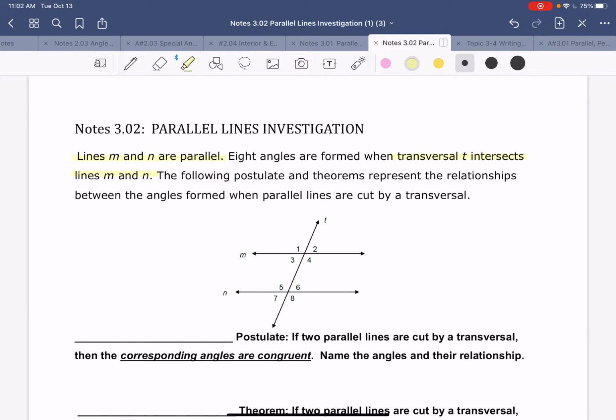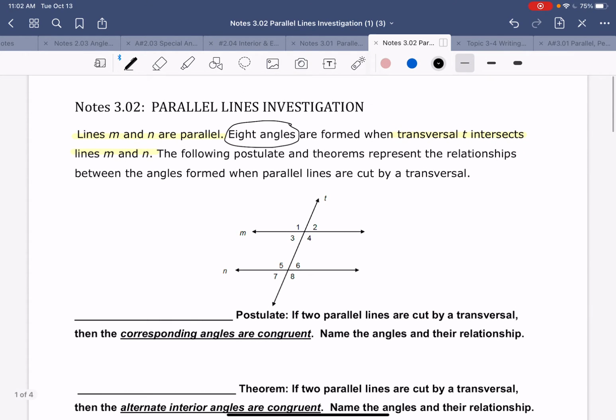Under here we have a visual where line M and line N are parallel to each other, and this transversal T has created 1, 2, 3, 4, 5, 6, 7, 8 angles. What we're about to go over are postulates about the relationships between the angles formed by parallel lines being cut by the transversal.